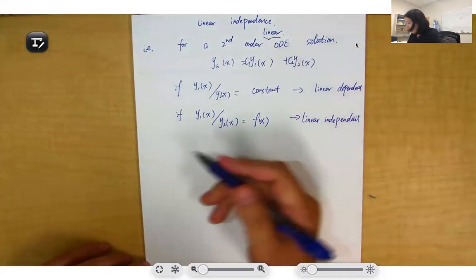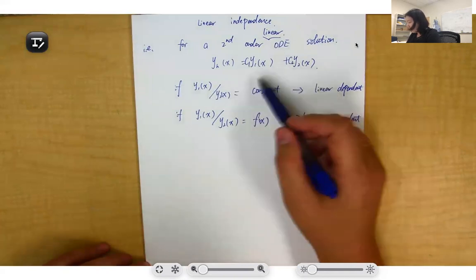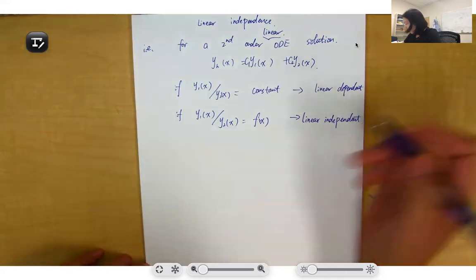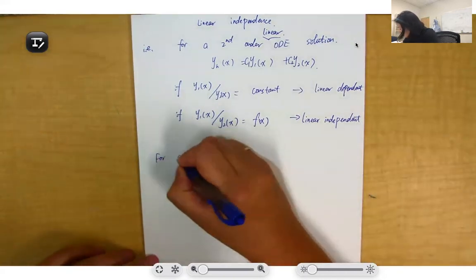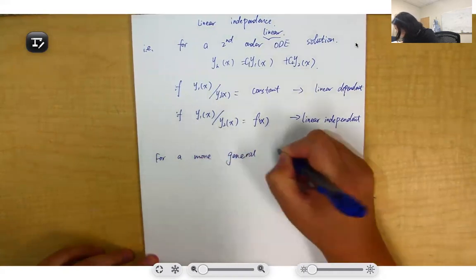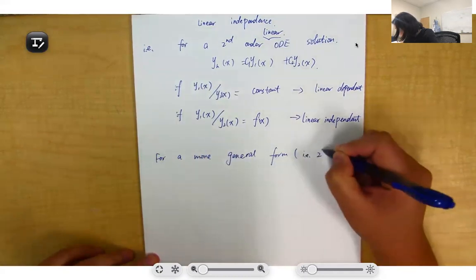Then how do we decide whether they are linearly independent in a more general form? Let's make an example of the second order ODE.